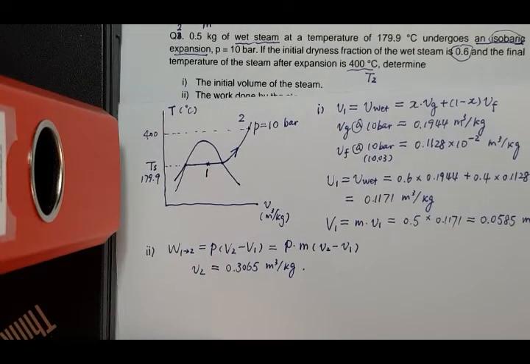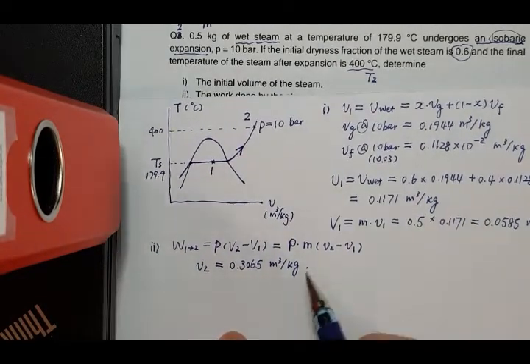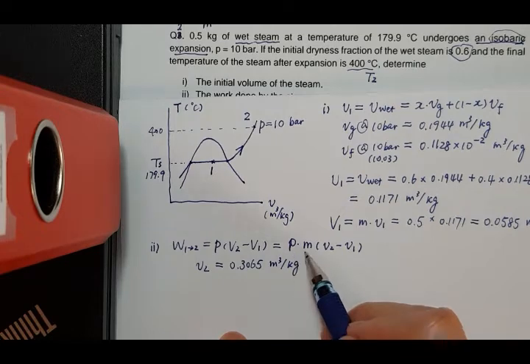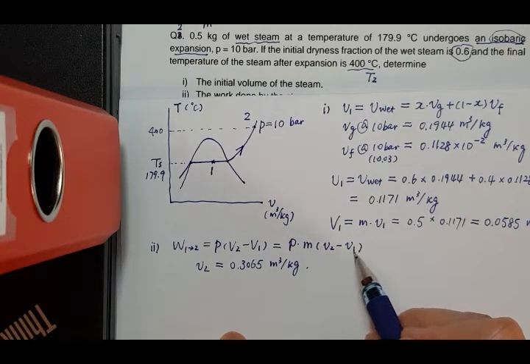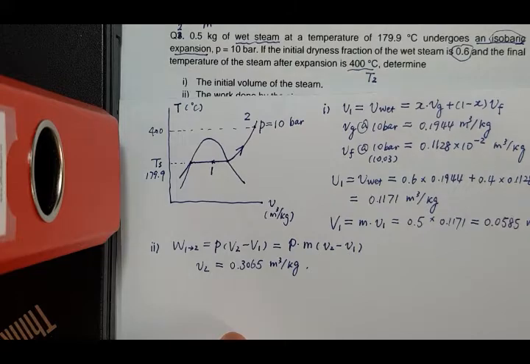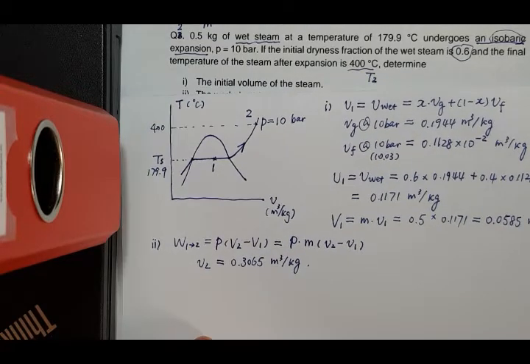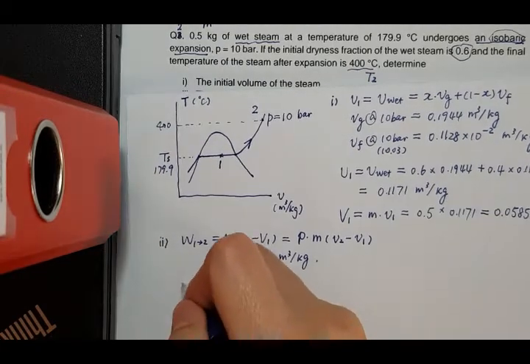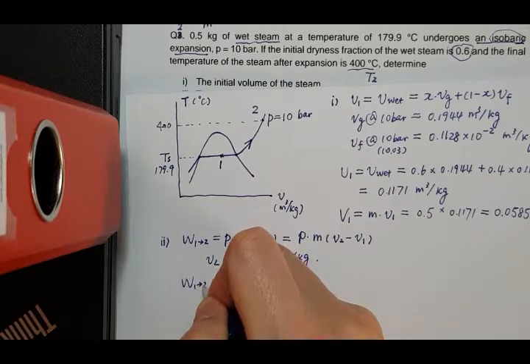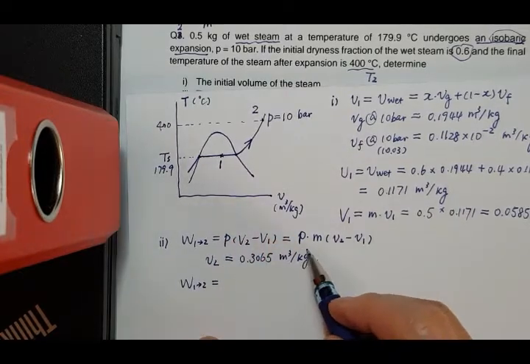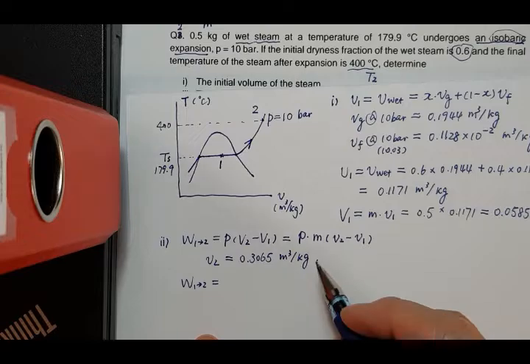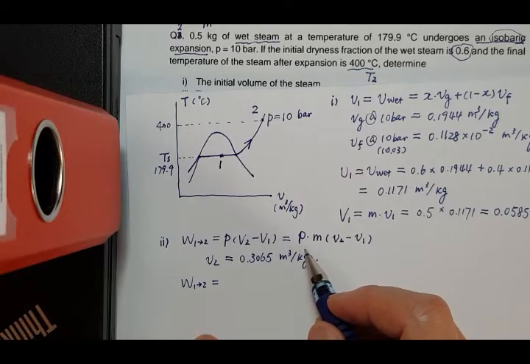Right, and then we just check the equation again. We know the pressure, we know the mass, we know v2, we know v1. So everything has been given, and then we'll be able to calculate the work done. So the work done from 1 to 2 is equal to pressure. Be careful, now we're going to convert everything into SI base units.